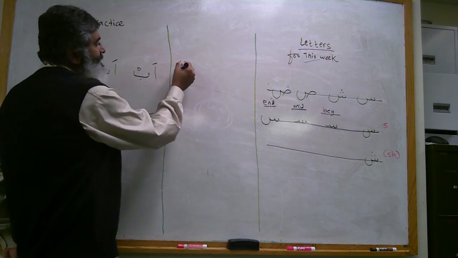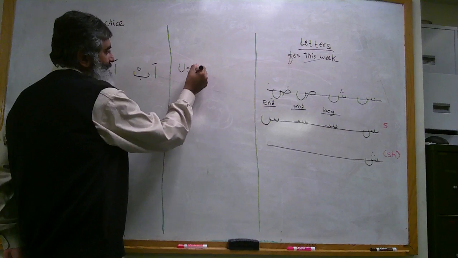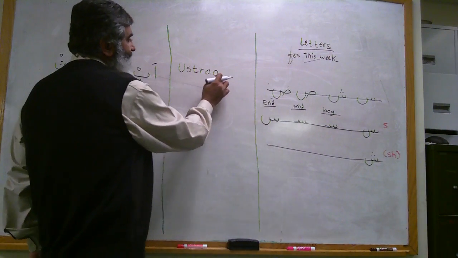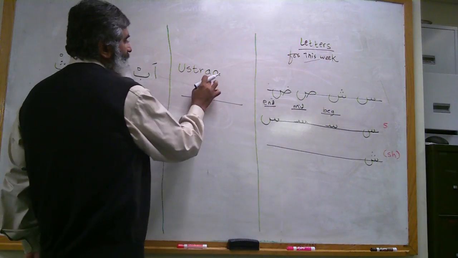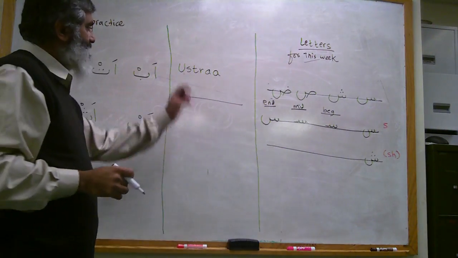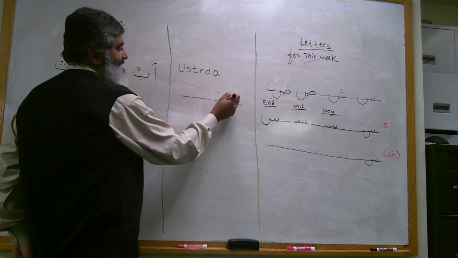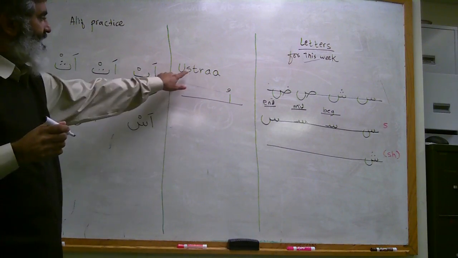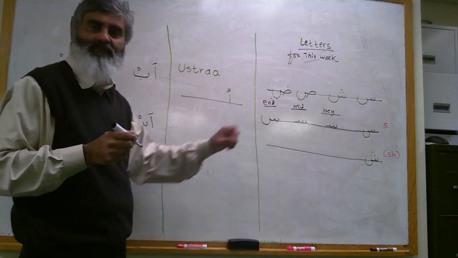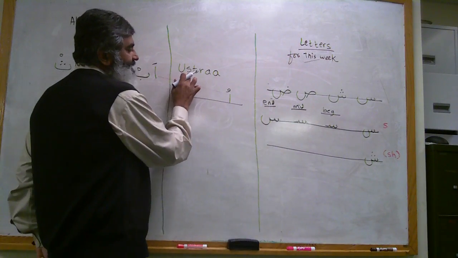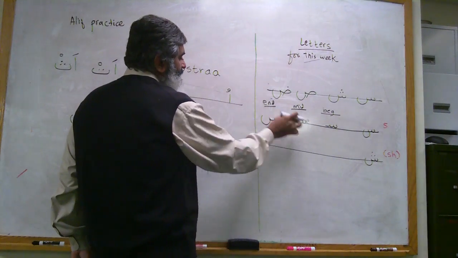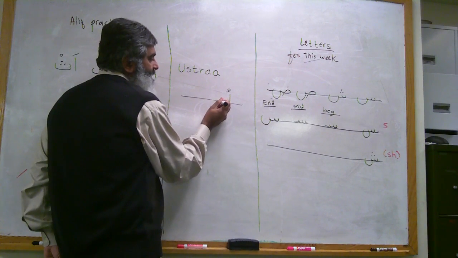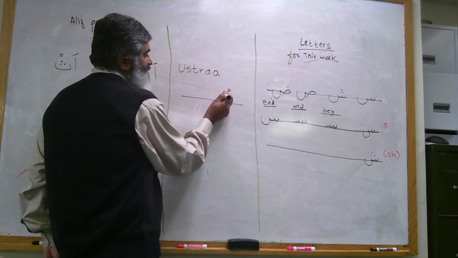So let's try to write a word using these letters. U-S-T-R-A-A. You have a long vowel. The first letter is U, which means alif with Dhamma. Then you have S, the letter Seen, which we learned today. S is in the middle, so we should use the middle form, but because letter alif doesn't allow joining, we have to use the beginning form with the sukun.